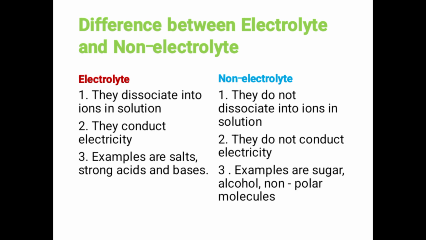Examples of electrolytes include strong acids and bases. Examples of non-electrolytes include non-polar molecules and alcohol. Of course, in a typical electrolyte you usually have ionic bonds, and for non-electrolytes, usually covalent bonds exist in them.